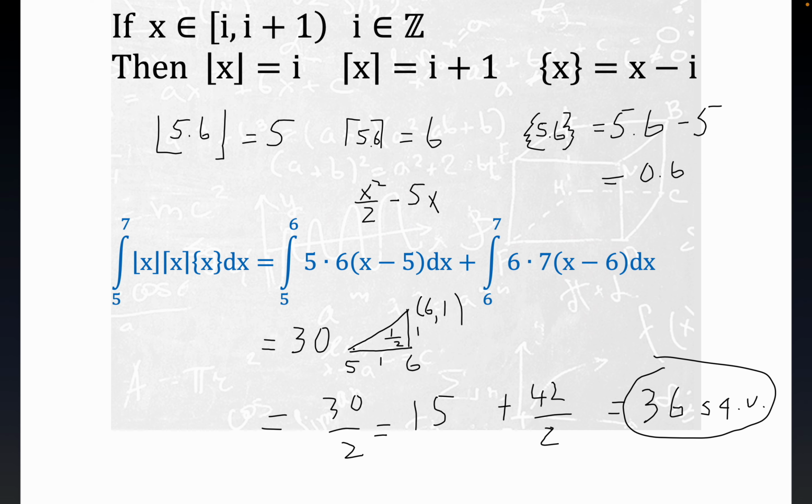And just think about this line right here would be the line x minus 5, that's y equals x shifted to the right 5 units. I hope that got the job done. I didn't draw the picture for you for obvious reasons, but I think I did the math right. 30 over 2 is 15. 42 over 2 is 21. 21 and 15 is 36 square units.